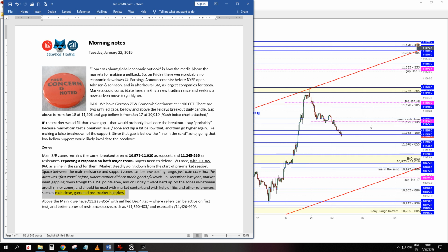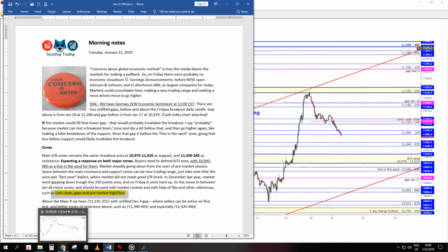So each and every one of these zones between the main support and resistance zones is to be considered a minor zone and should be used with market context, with the help of fibs and other references such as cash close gaps and pre-market high and low. So that was the way to use these zones in between for today.